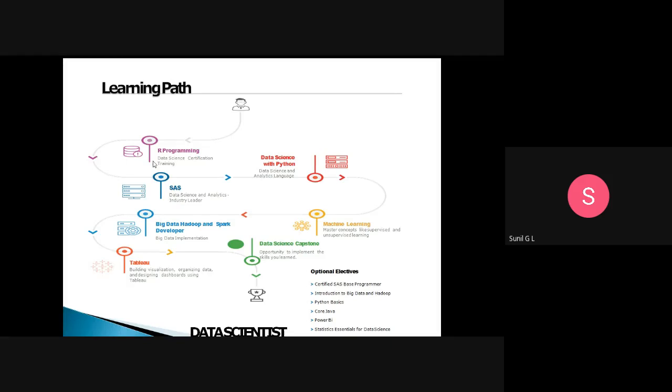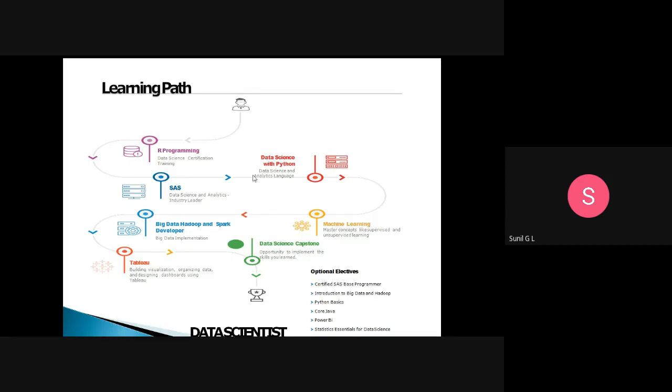When you want to apply some machine learning algorithm, everything will be available in an R package. This is the foundation programming language for machine learning or a data scientist. Once you learn R, then you will learn Python.